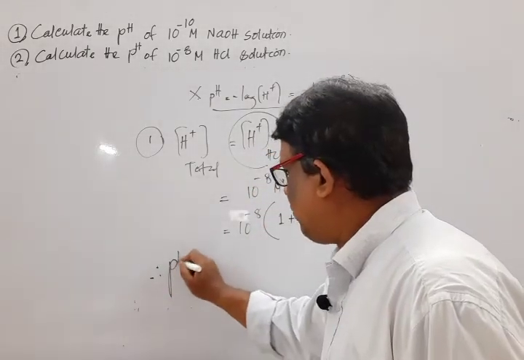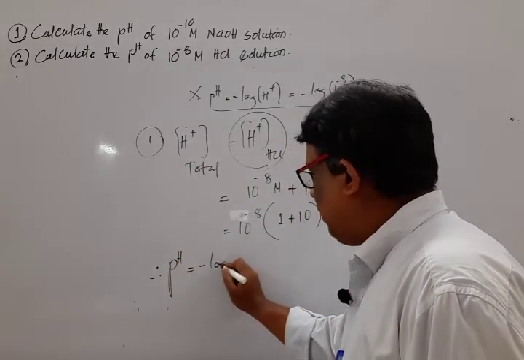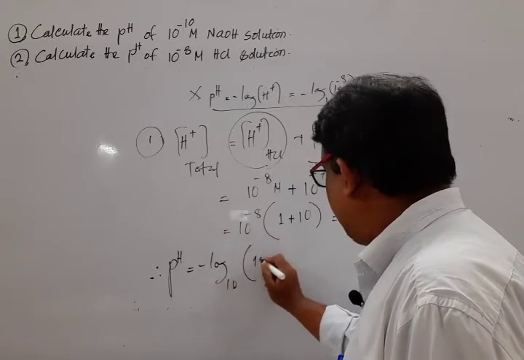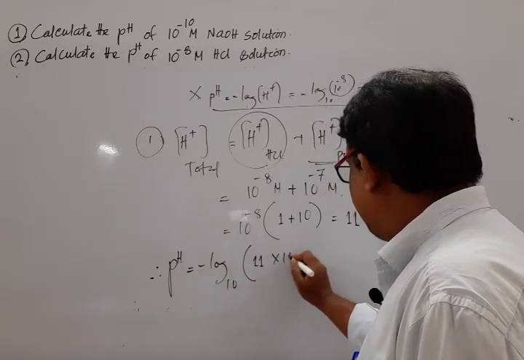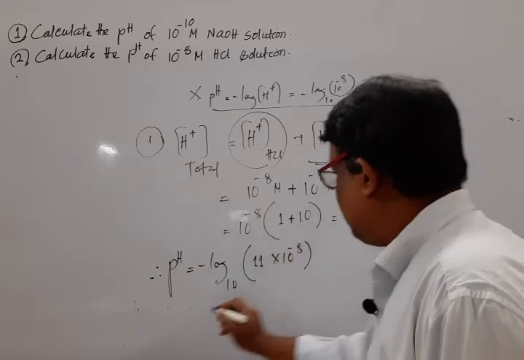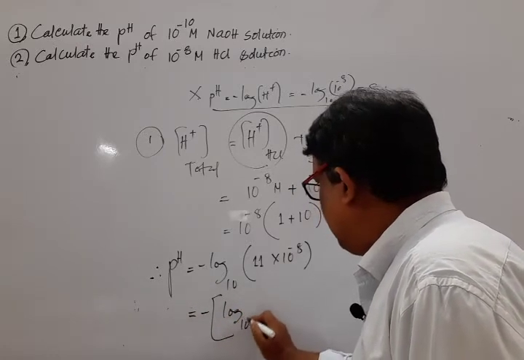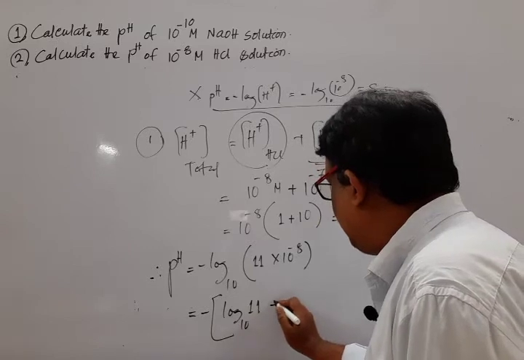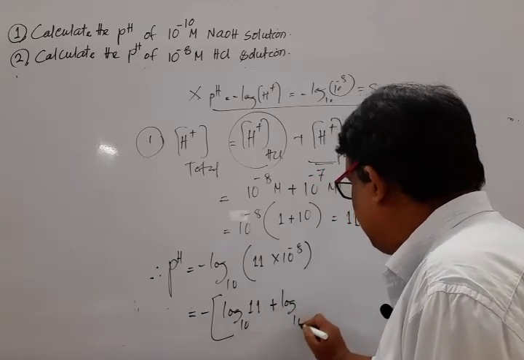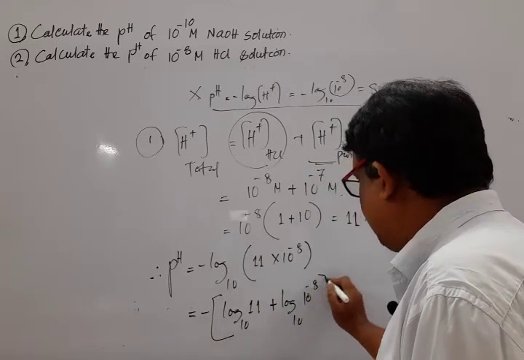Now we calculate pH is equal to minus log of 11 into 10 to the power minus 8. Taking minus common, it is known as log 11 plus log 10 to the power minus 8.